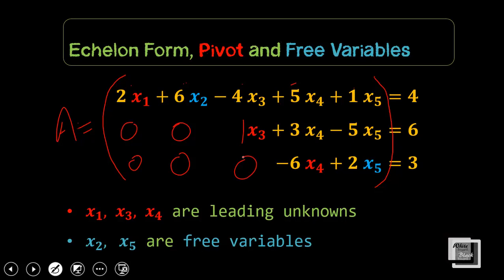And let us consider another vector, a column vector B, whose entries will be 4, 6 and 3.